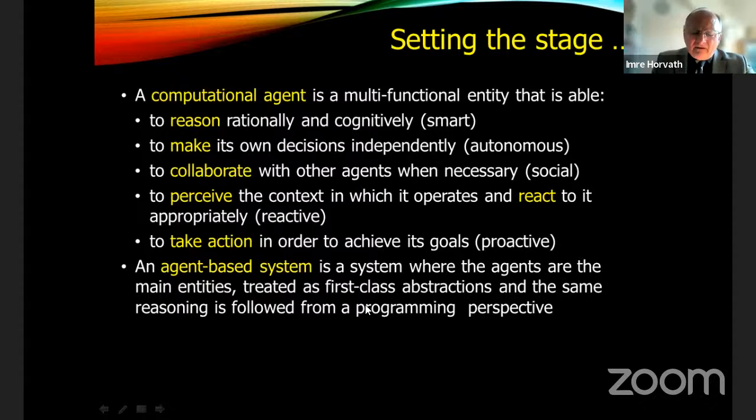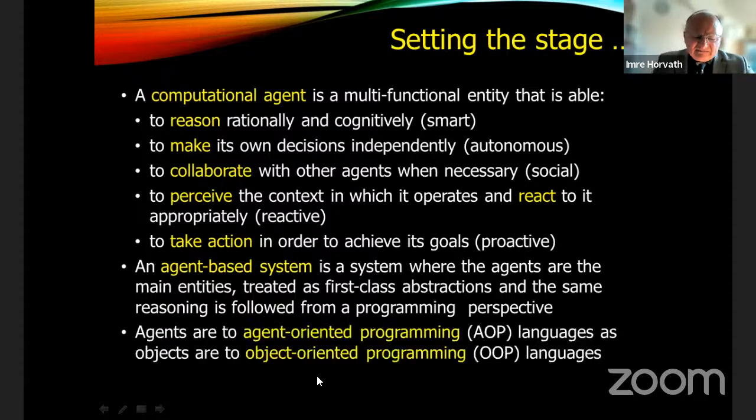So in agent technology, we program agents and focus on the implementation of agents rather than lower level structure. It means that in agent-oriented programming, the agents are the entities we focus on, while in object-oriented programming languages, for instance, the objects are the entities we focus on.